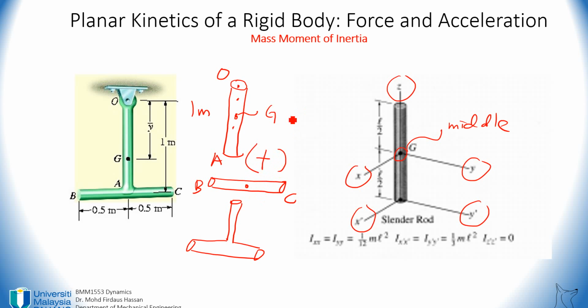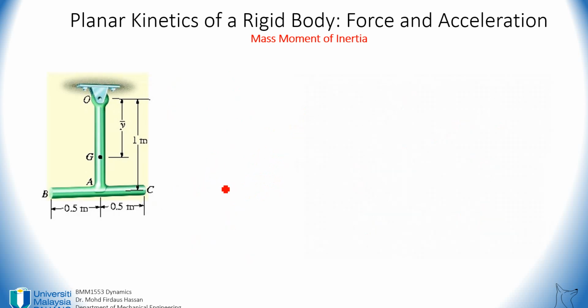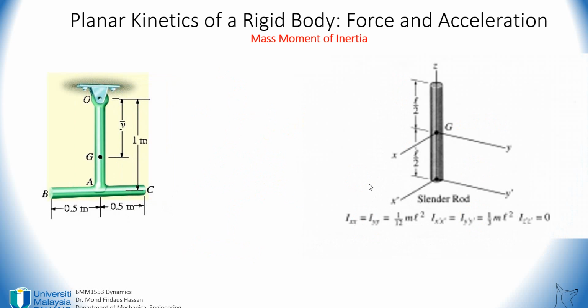Okay, now we go to solve this problem. As we did in the previous example, what we can do is find I part by part. Before, we found the moment of inertia of the whole and then deducted it. For this problem, we have to add it.